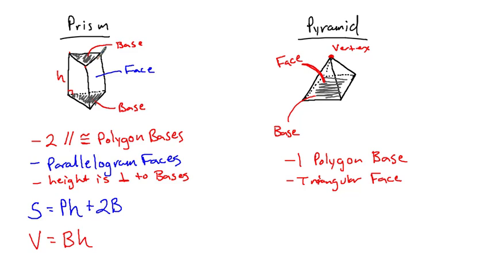All these corners are called a vertex, but a pyramid only has this tip top vertex, and it comes into play in some of our drawings. These are also called vertices, vertexes, but the pyramid has that one vertex at the top, so you always look for that point. If it has the point, it's a pyramid. Now the height of the pyramid is here. It's from the vertex straight down to the base, and it's perpendicular.